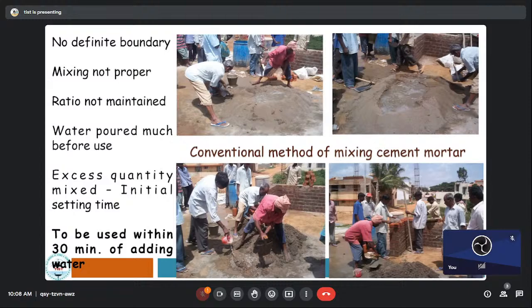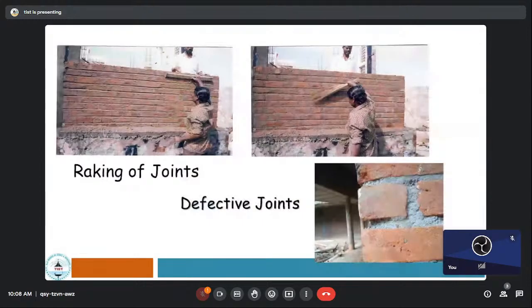These types of ill practices are there in the sites, and you can see raking of the joints should be done. Why is raking the joints important? Because you are going to have a plaster on top of it.